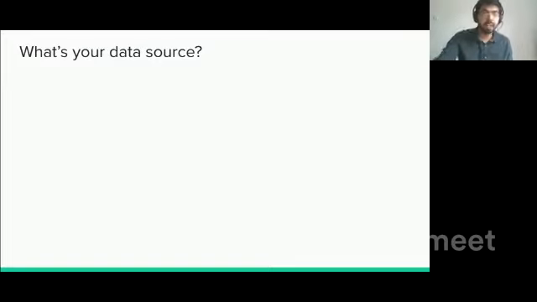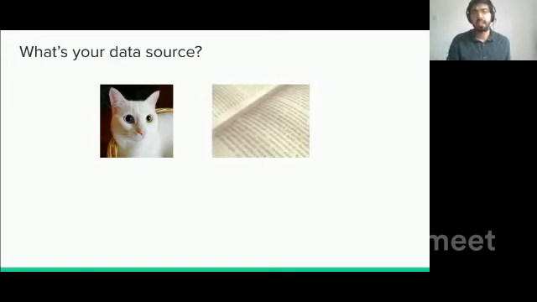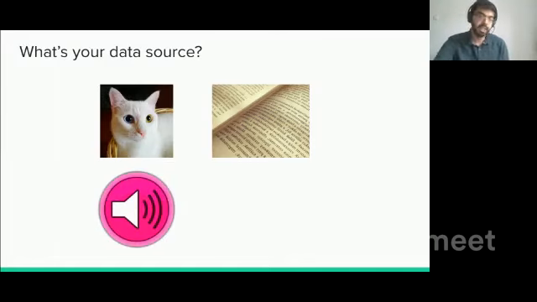Because the kind of data sources you have may vary from, say, an image of a cat or a dog or any other object that you want to classify, recognize, etc. It may be in the form of text, as a book or a blog or a comment or a tweet or any other form of text. It may be in the form of sound.